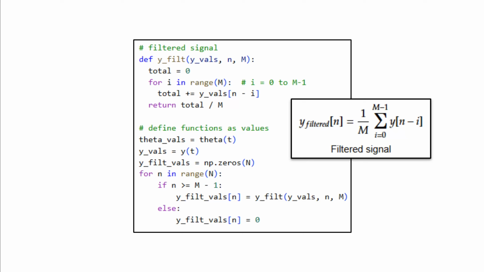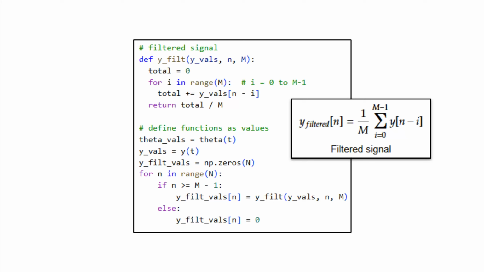For y filtered values, we did it a little bit differently. I've initialized it as an N amount of zeros, so that's 300 zeros. Now for sample n, in range capital N, so that's going to be the sample n at all 300 samples, it will do this if-else argument here. The reason we've done this is because, notice, it's the n minus i-th sample of y.